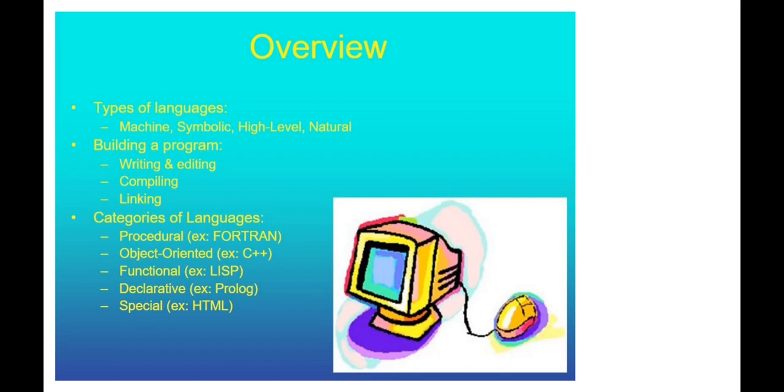But okay, we can separate our languages not only into high level and low level, but also procedural, to make calculations, like Fortran, and object-oriented, like C++ and Java, and functional, like Lisp, to work with some databases, and to work with logic, it is Prolog, and special for web applications, for web pages, it is HTML language.